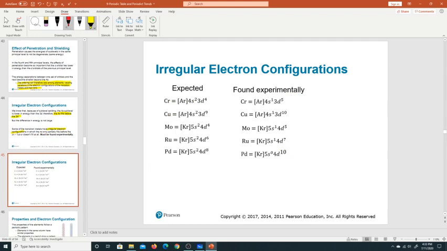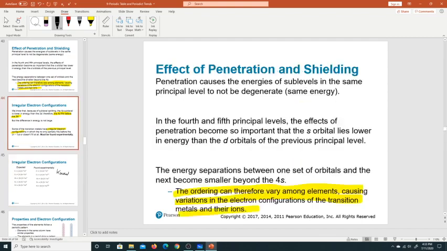Alright, so you need to know this list. For example, chromium is expected to be, if you follow the rules, 4s2 3d4. Let me find my periodic table.